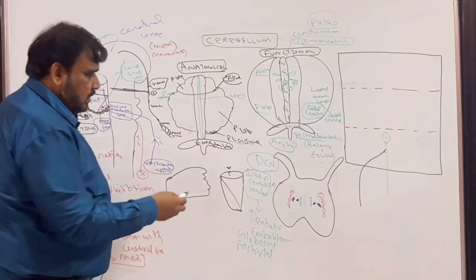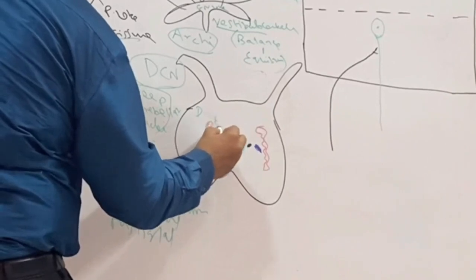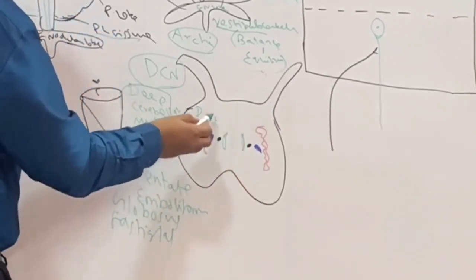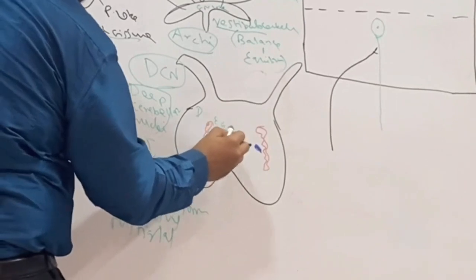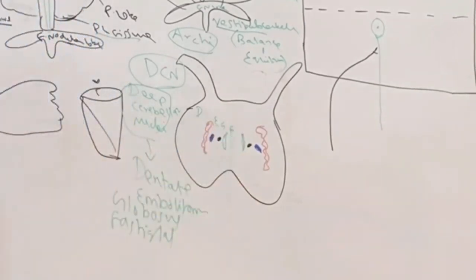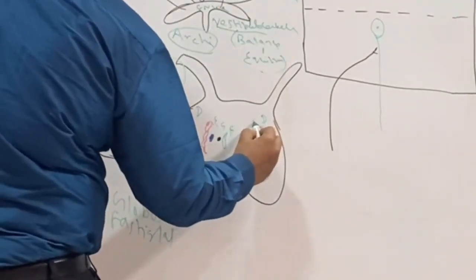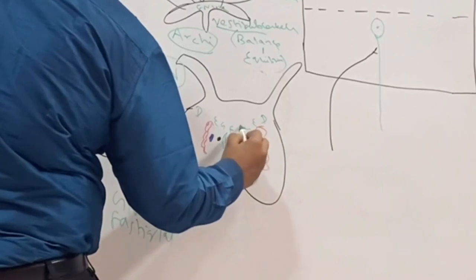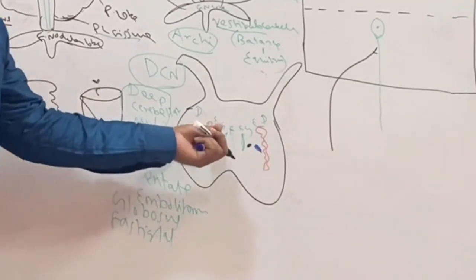Here, red is dentate, blue is emboliformus, black is globosus, and green is fastigial. The same is on the other side too.